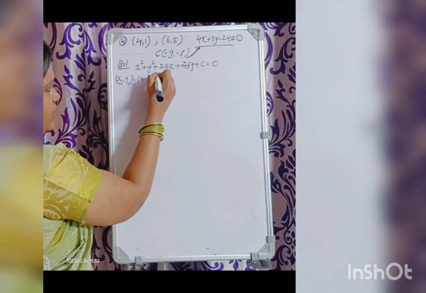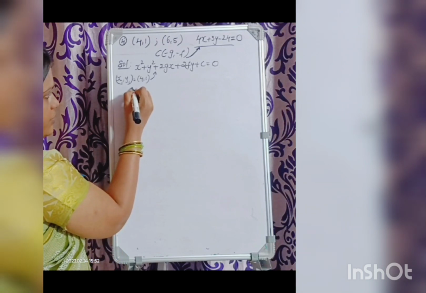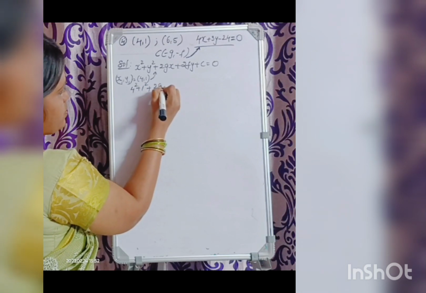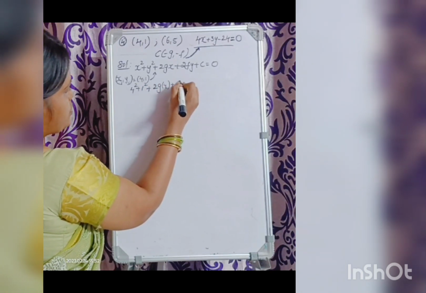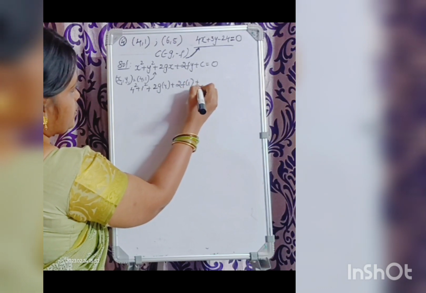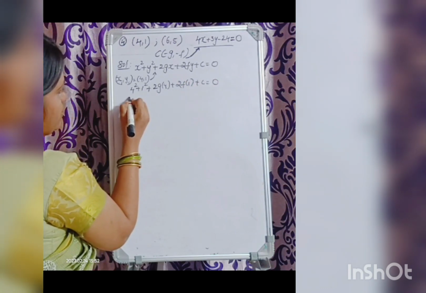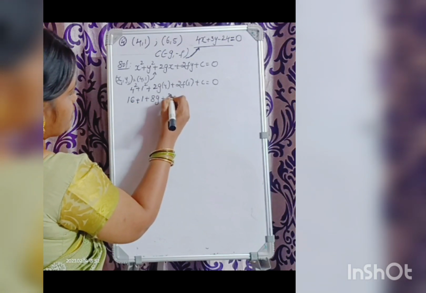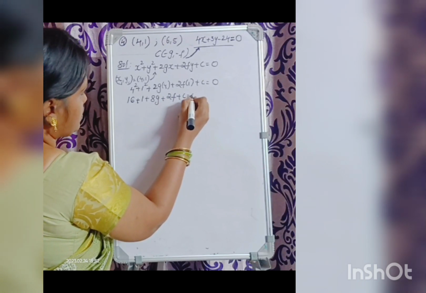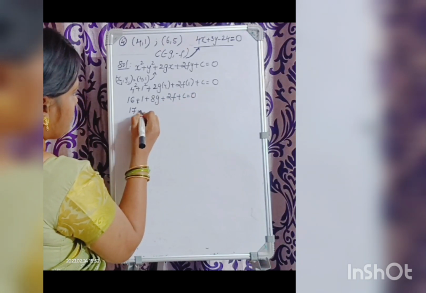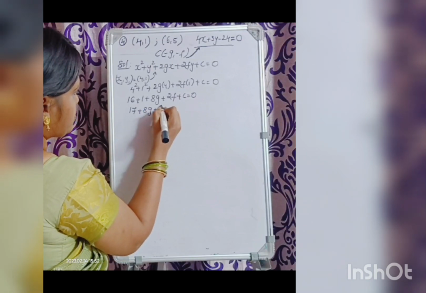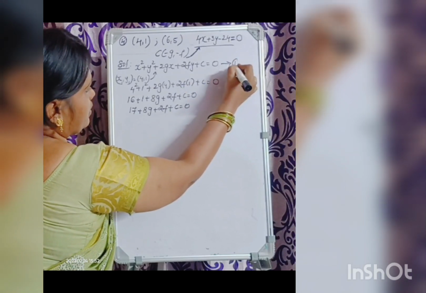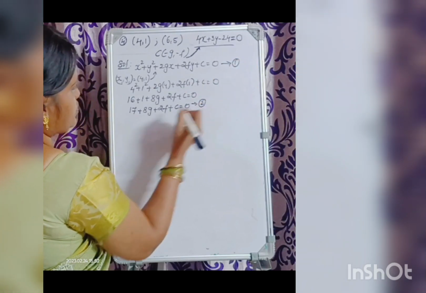So by substituting the x and y values in the standard equation, I'll get 4 square plus 1 square plus 8g plus 2f plus c is equal to 0, or 16 plus 1 plus 8g plus 2f plus c is equal to 0, which is 17 plus 8g plus 2f plus c is equal to 0. I'll call this equation 1 and I'll call this equation 2.